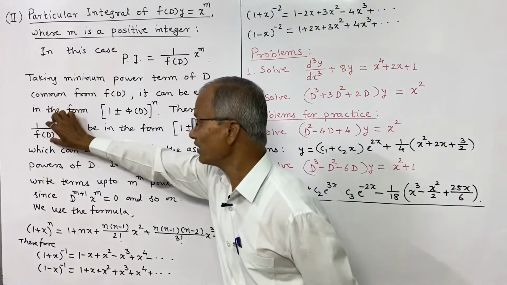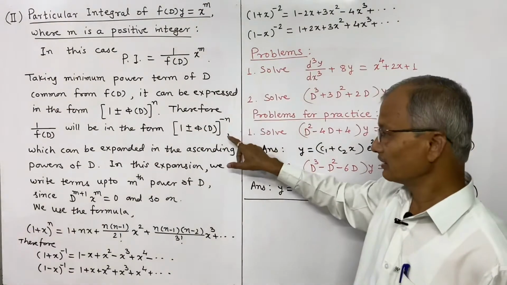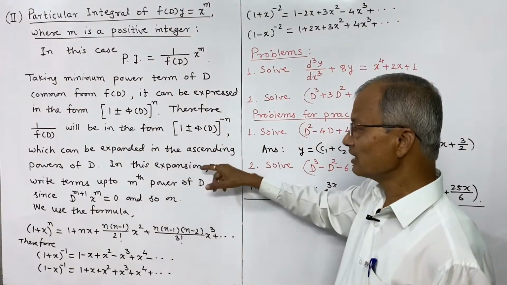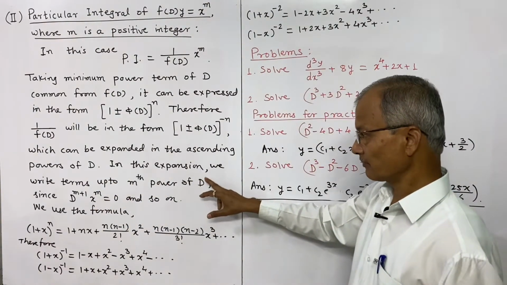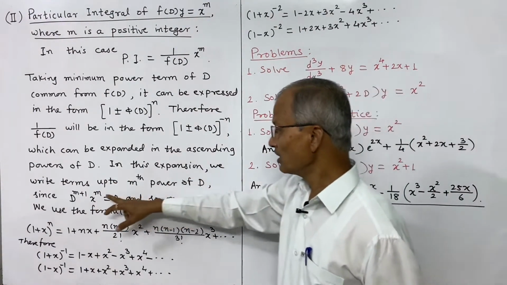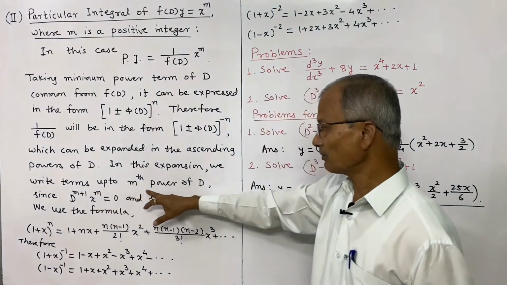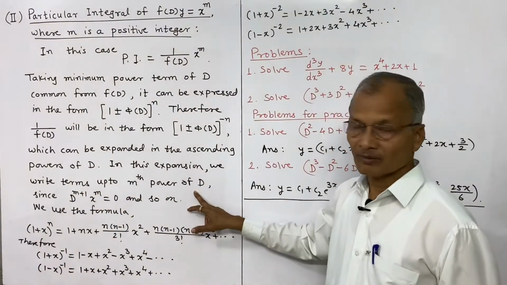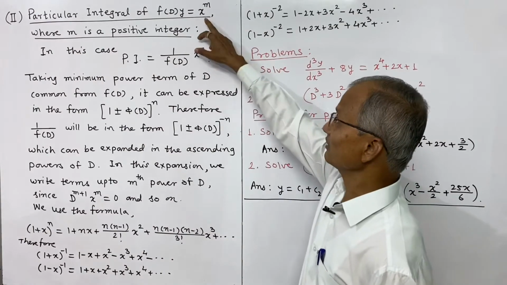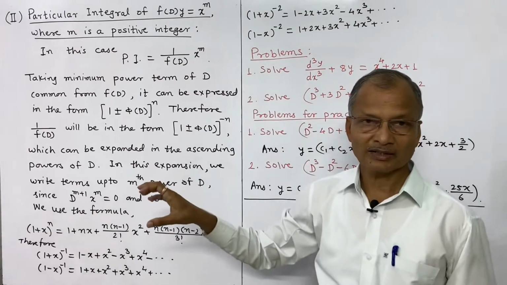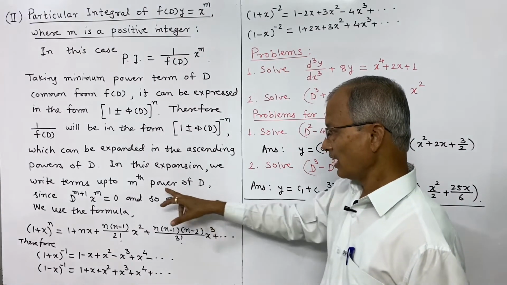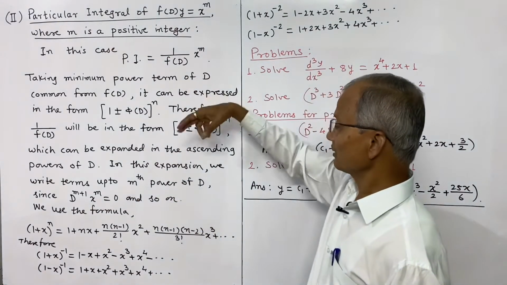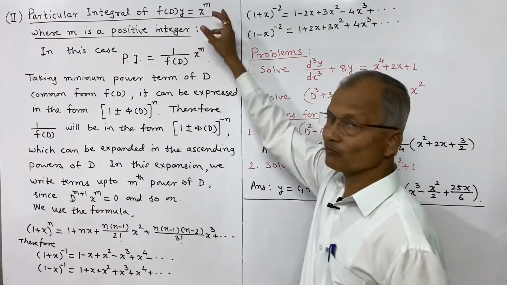So 1 upon f of D will take this form, and this can be expanded in ascending powers of D, increasing powers of D using binomial theorem. And in this expansion we should write terms up to mth power of D, because here the power of x is m and D stands for differentiation with respect to x, derivative operator, and therefore D power m of x power m will be a constant.